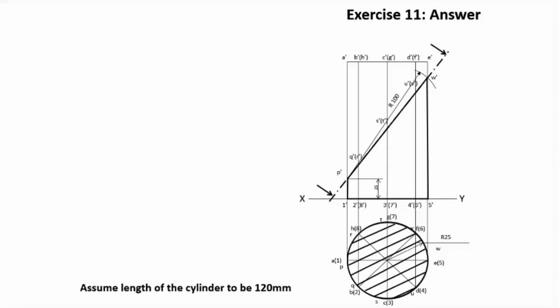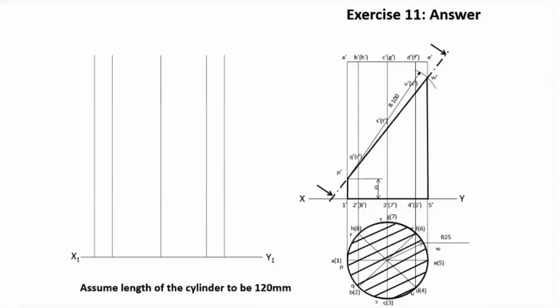So that's it. Now in order to get the true shape, we generate an x1 y1 line which is parallel to the xy line itself. Then in that new x1 y1 line, we reproduce the distance P dash W dash, and from those points we mark the points Q dash, R dash, S dash, T dash, U dash, V dash also.